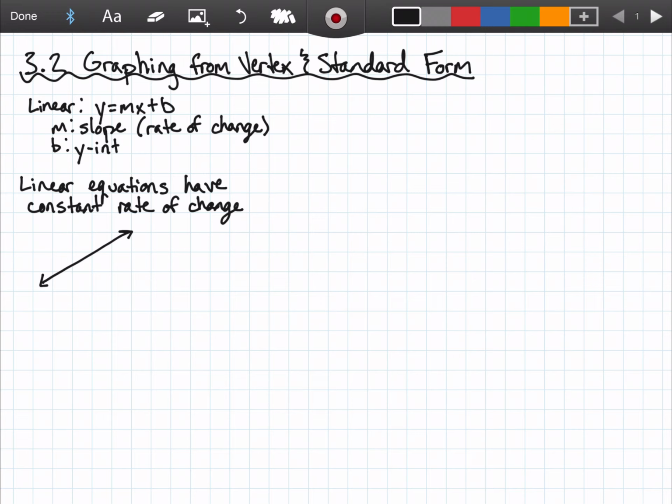So I'm going to start off with two examples, and we're just going to make some tables. I'm going to fill in these tables for you.